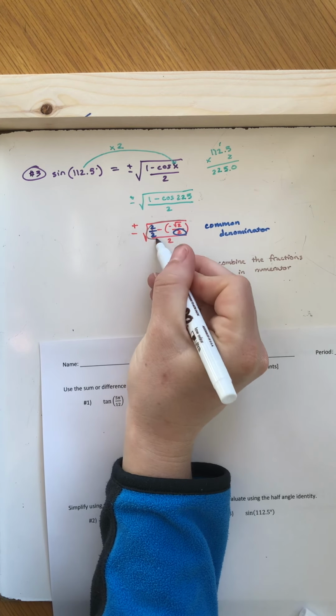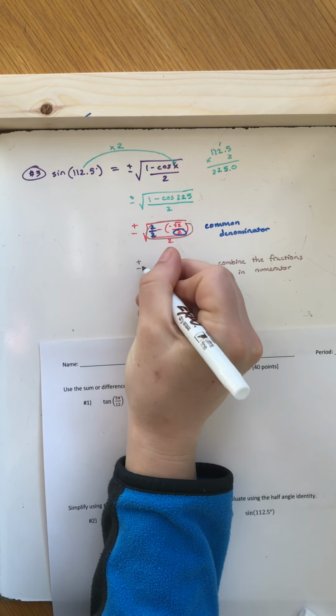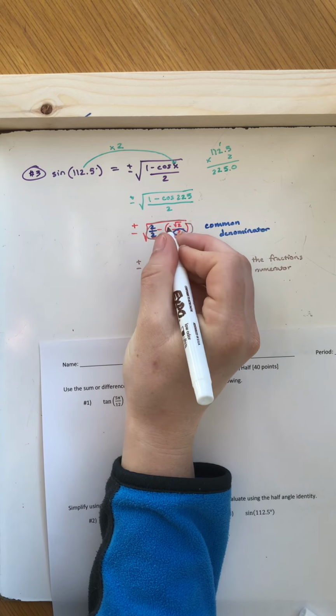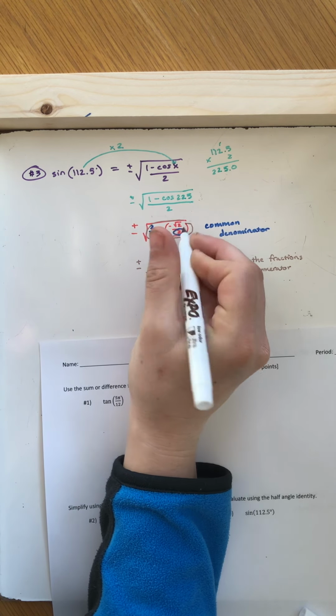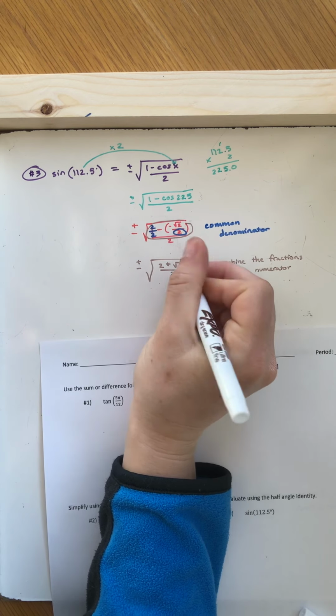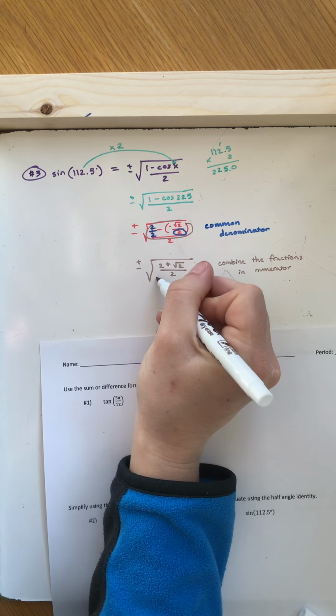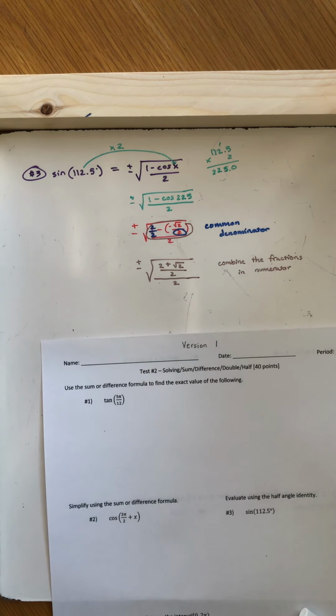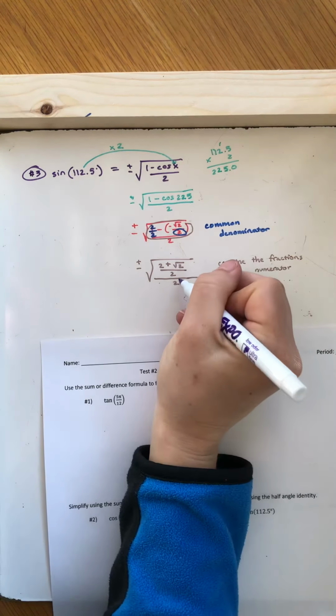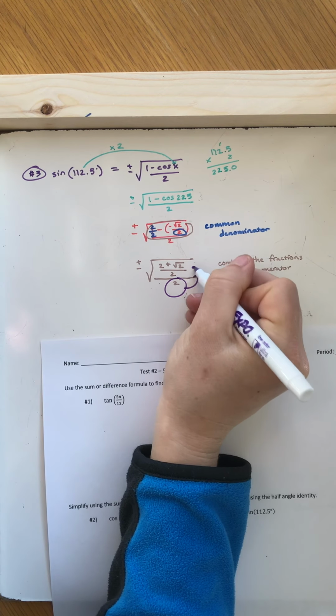So put these together, and you get 2 minus a negative square root 2, which is 2 plus square root 2. My denominators are the same, so that's 2, and it's still all being divided by 2. Then we are doing the step where you flip the denominator, you multiply by the reciprocal.